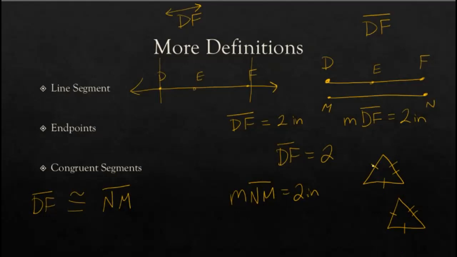So if it's the same number of marks, we can see that this line has 1 mark, and this line has 1 mark, and this one has just 1 mark, and this one has just 1 mark. Then all 4 of those segments are congruent. This line over here has 2 marks on it, and so that means that it's congruent to this other line segment that has 2 marks on it. Within the same problem, we can make these notations about how the line segments are congruent.